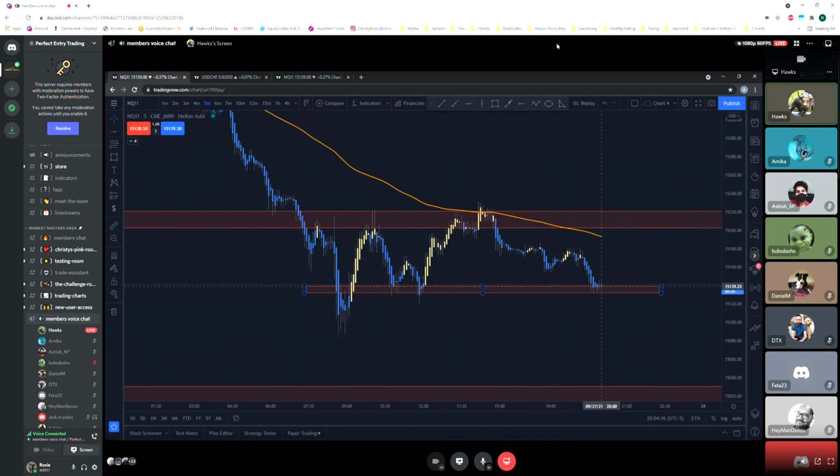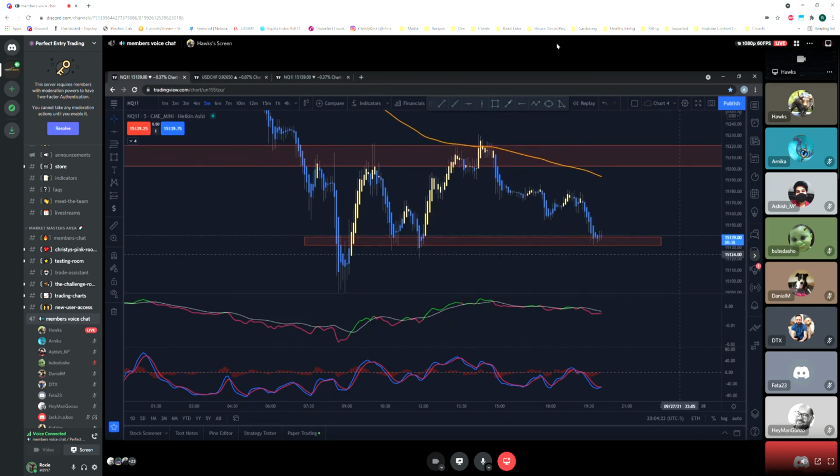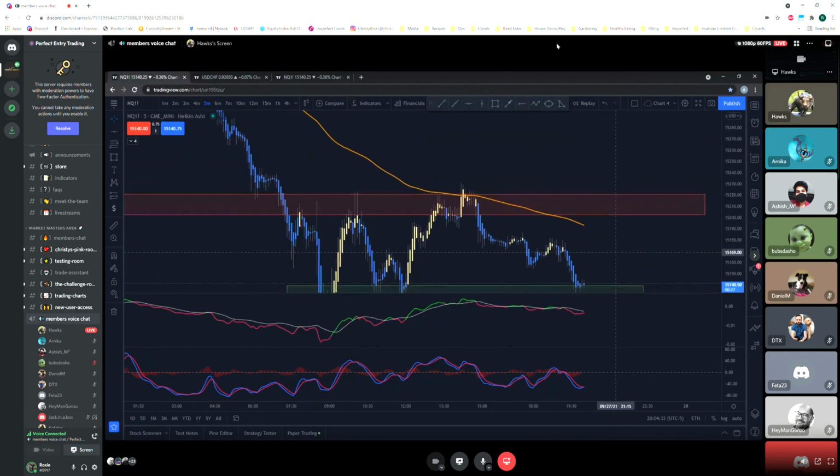I would note that I color code them so that if I was zoomed out on a 1 hour and I drew in a support and resistance zone, I mark those with a particular color because I want to know that was a zone from a much higher time frame.